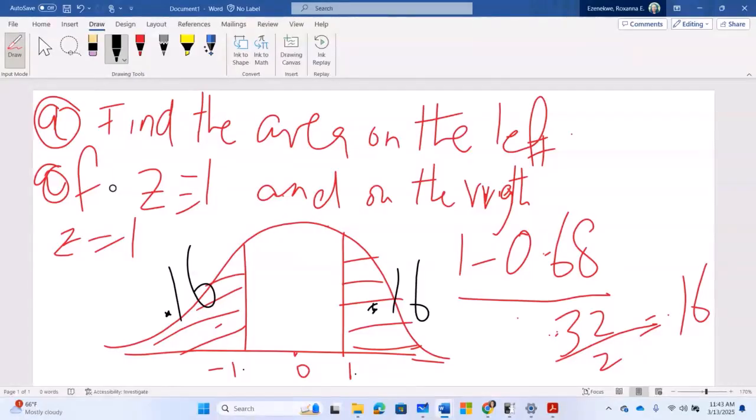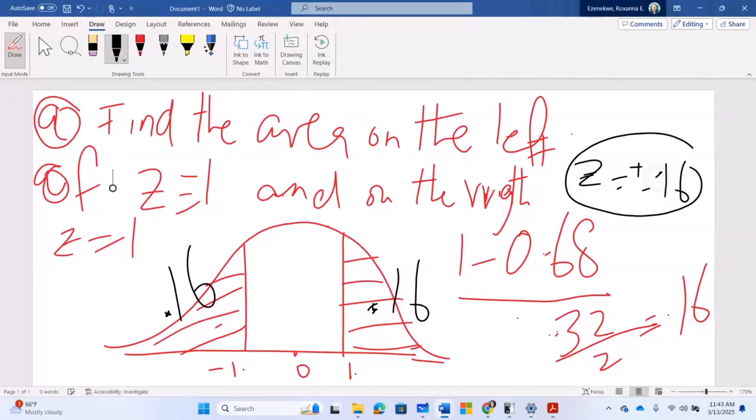So I can say the area for z plus or minus 1 is 0.16.